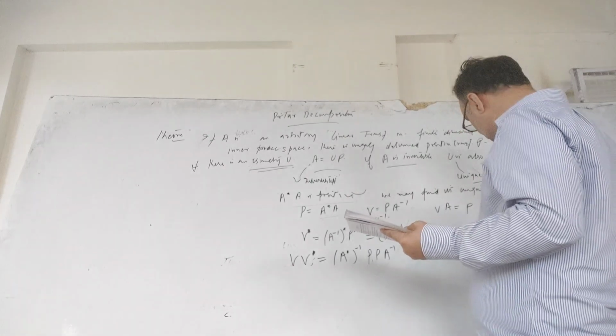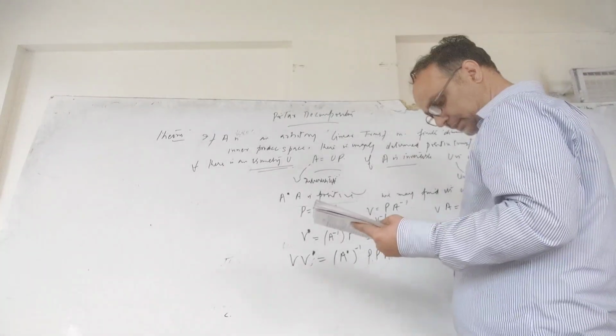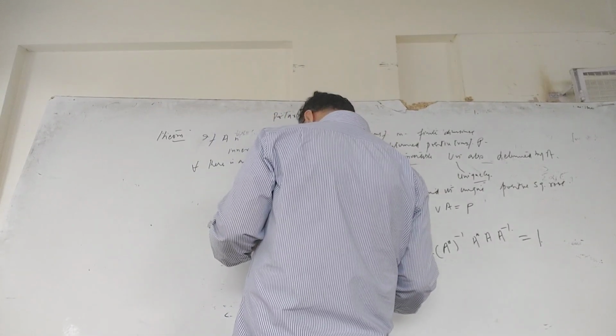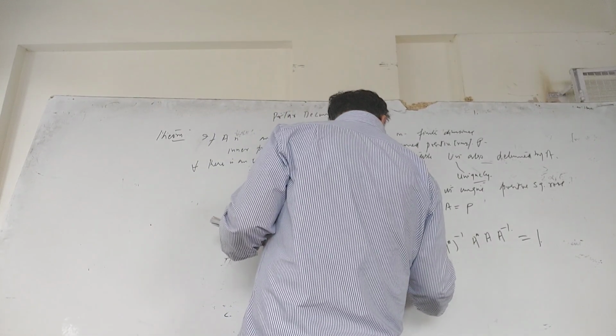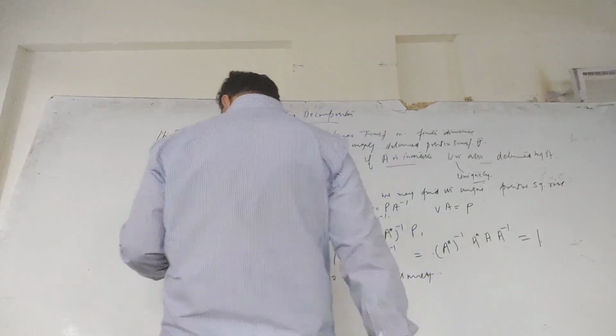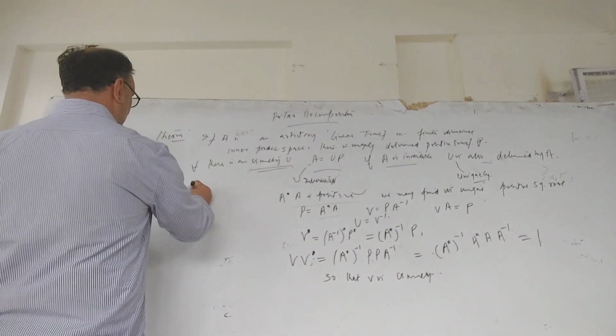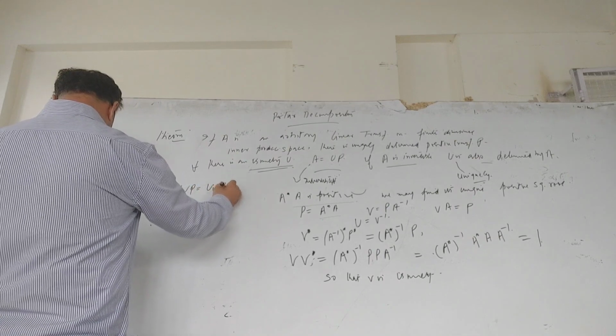It is all equivalent to the identity, so V is an isometry, and we are done.